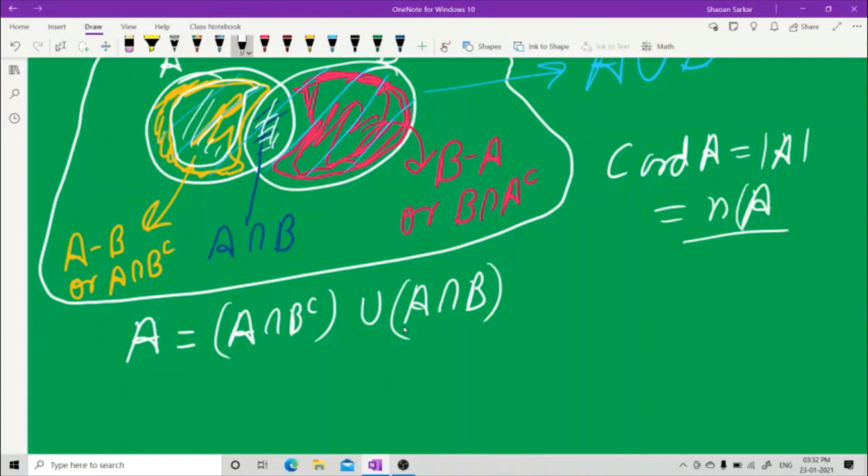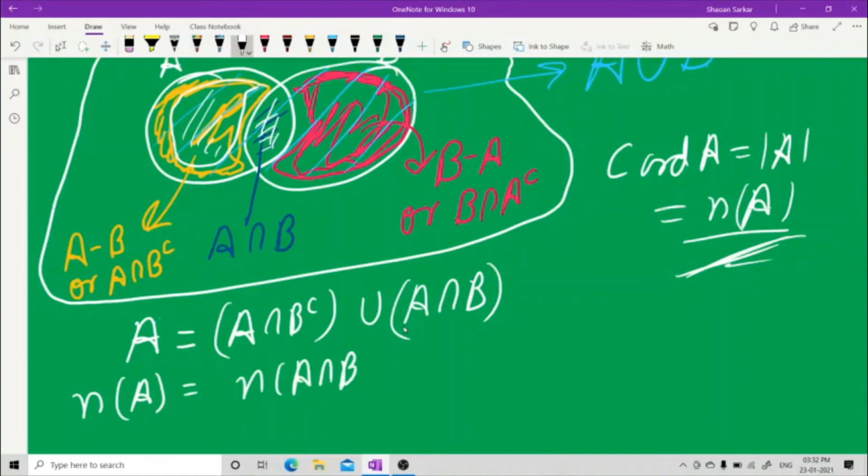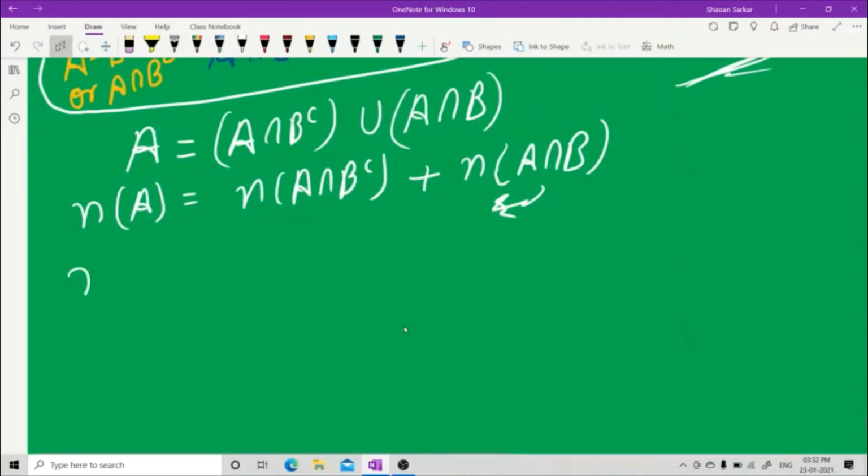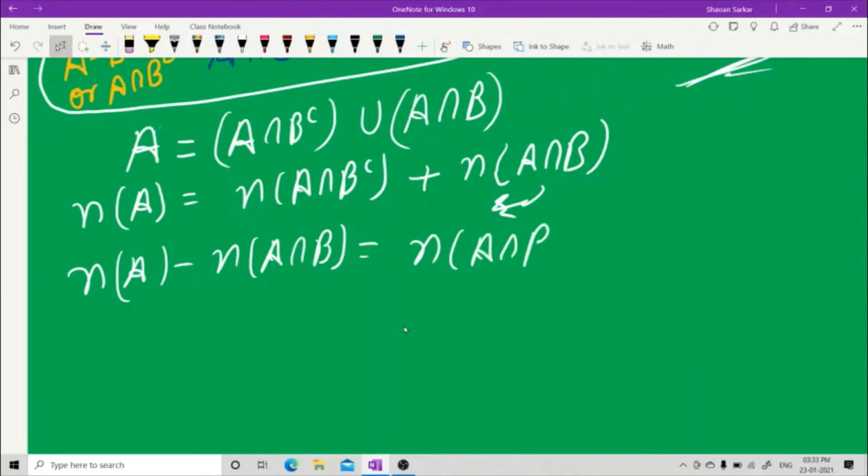I'll use this method now. It will be easier for me. So n of A, the cardinality of A, is n of A intersection B complement plus n of A intersection B. So shifting this to the other side, I have n A minus n A intersection B is equal to n A intersection B complement.